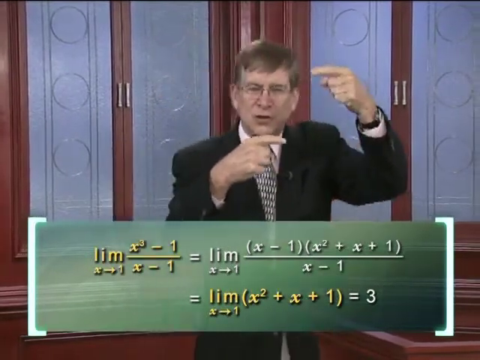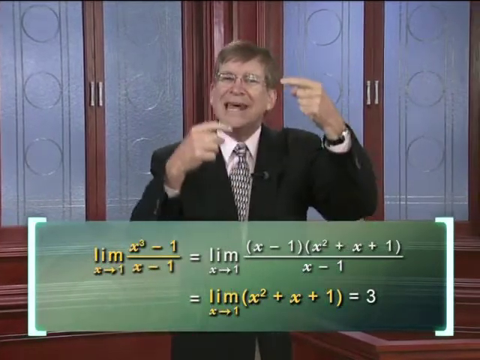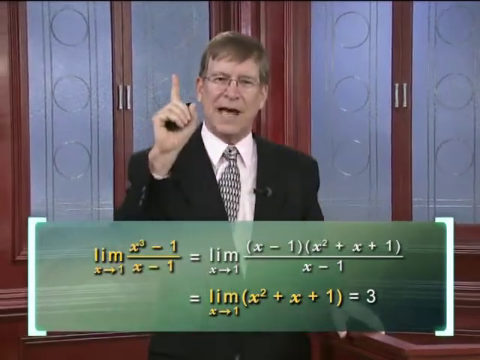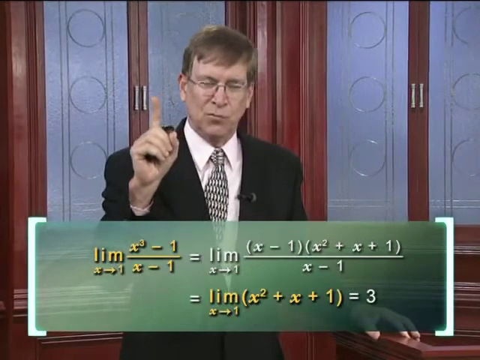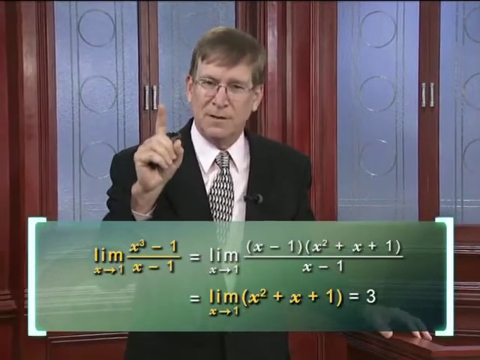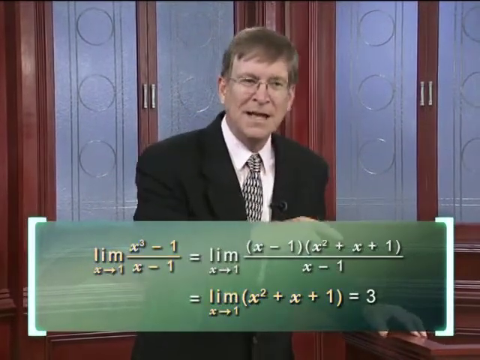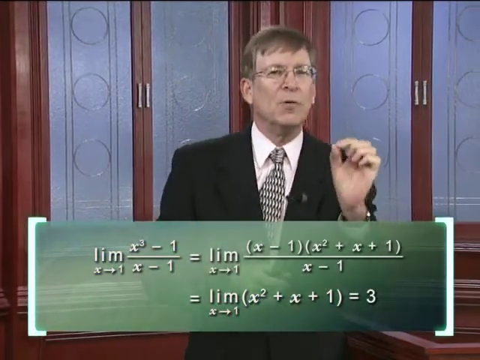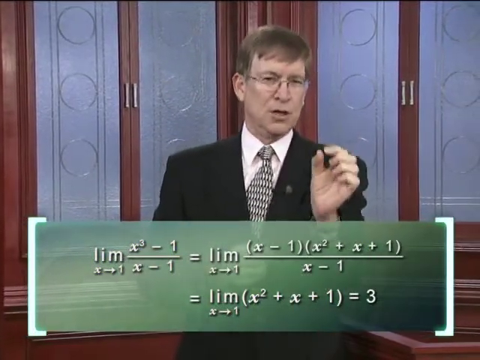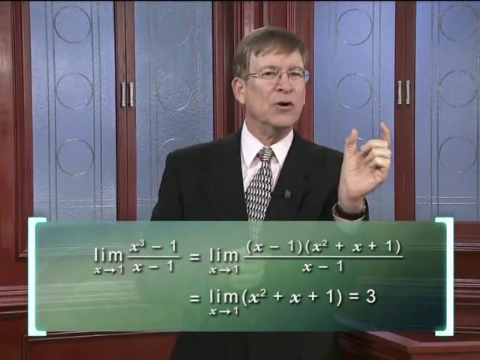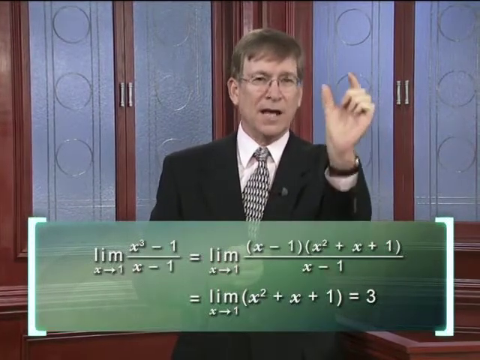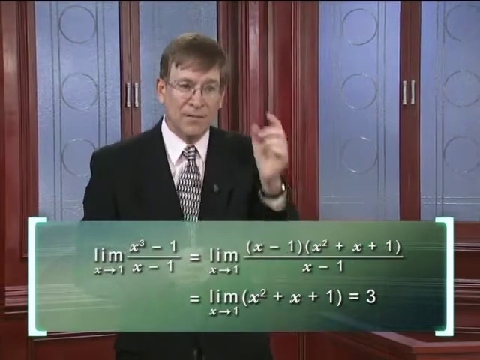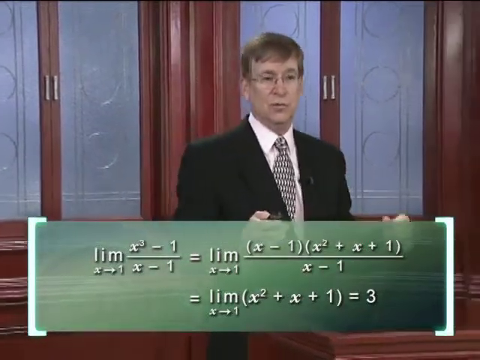Those two functions agree everywhere except at one point, and that point was x equals 1, the point we're approaching. But in terms of limits, that's irrelevant, because remember, you don't care what happens at 1. You want to know what happens nearby. And nearby, these two functions agree, and the second function tends to 3.